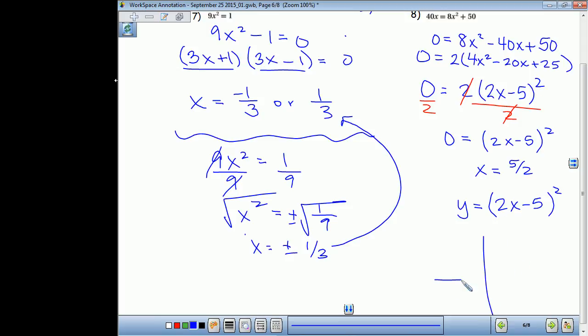Yeah. But how many do I have? One of them. I just have 1 point at 5 halves, don't I? So that is also the vertex. And it would open up.